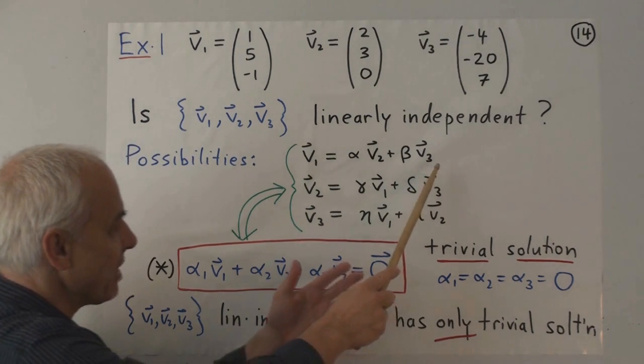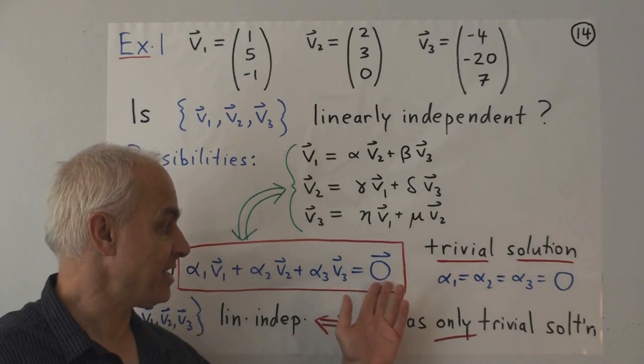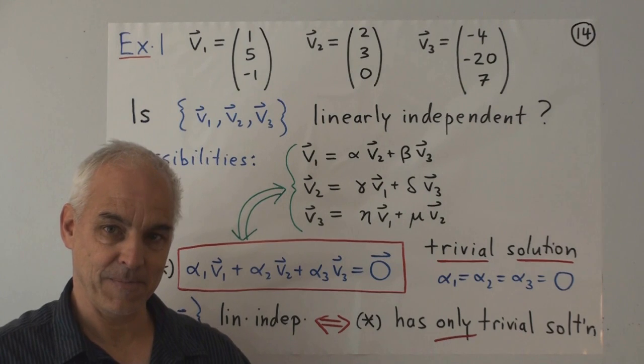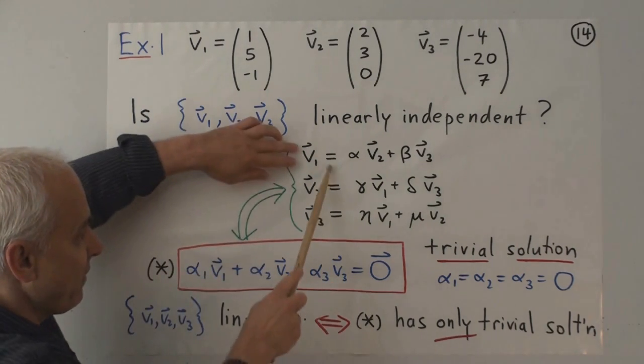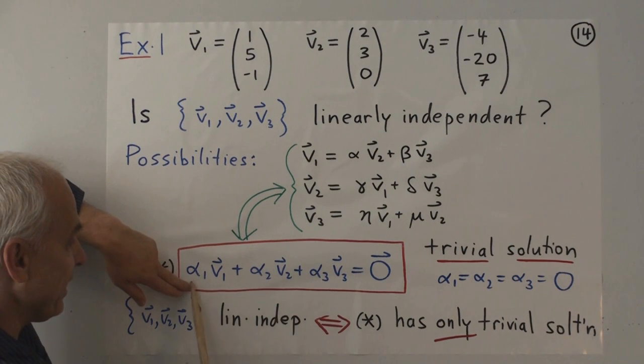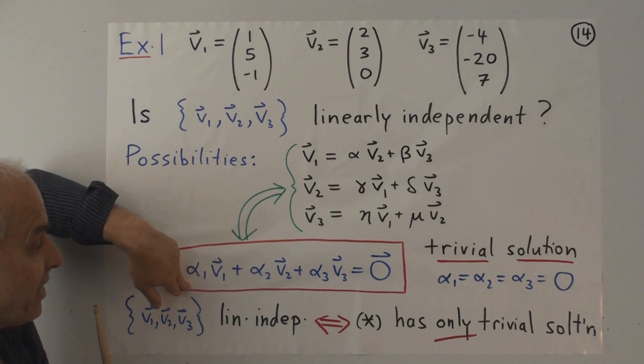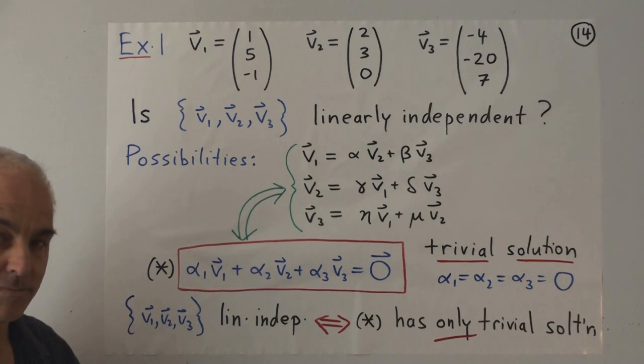Any one of these equations can be rearranged by bringing all the terms to one side and leaving just the 0 vector on the right-hand side. So if any one of these is true, that means that we can write an equation like this where at least one of these coefficients, alpha 1, alpha 2, and alpha 3, is non-zero.